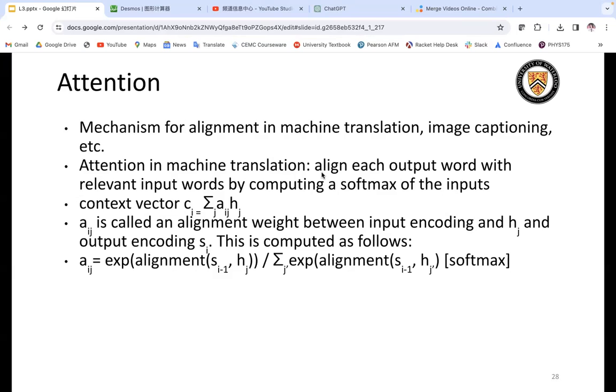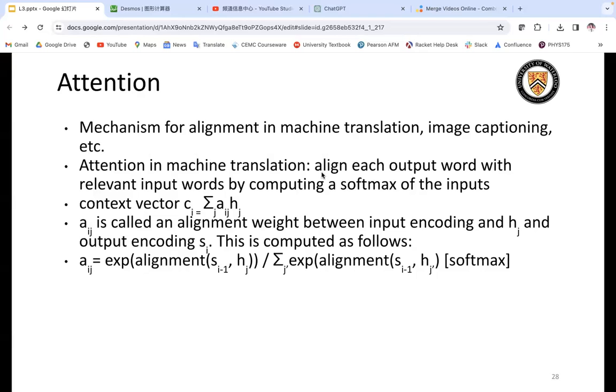Specifically, we have a context vector, c_i, which is a weighted combination of all the hidden states. a_ij is called an alignment weight, which is between the input encoding h_j and output encoding s_i. And we can compute this as follows.